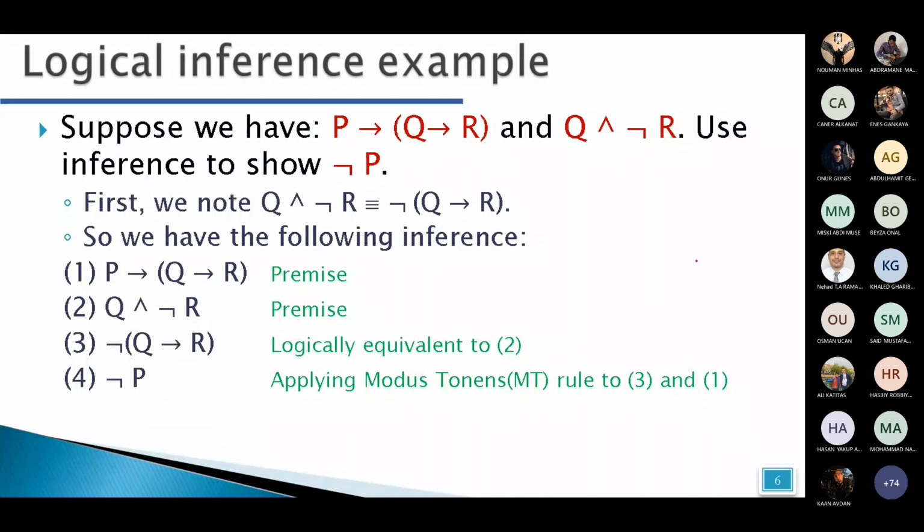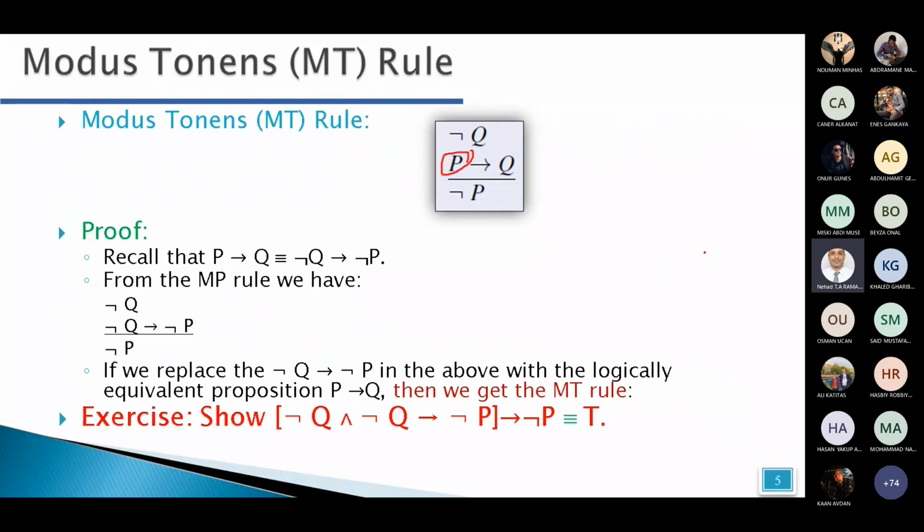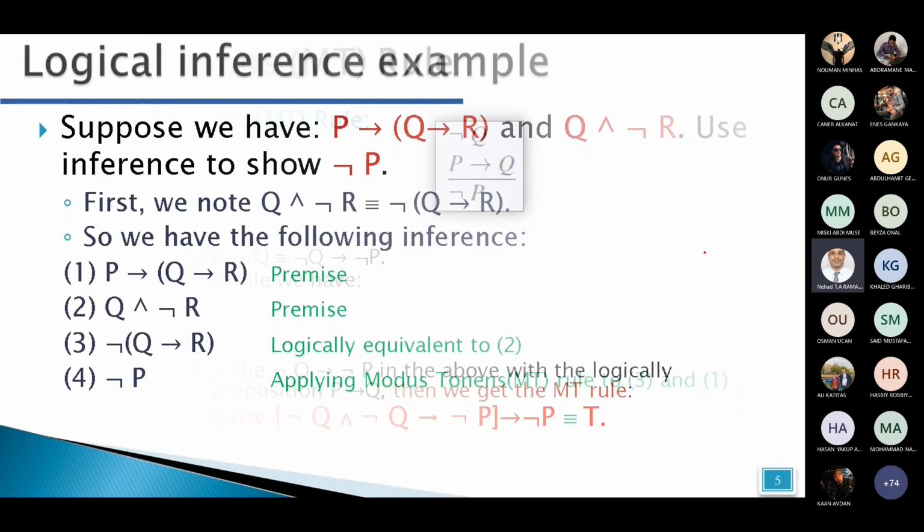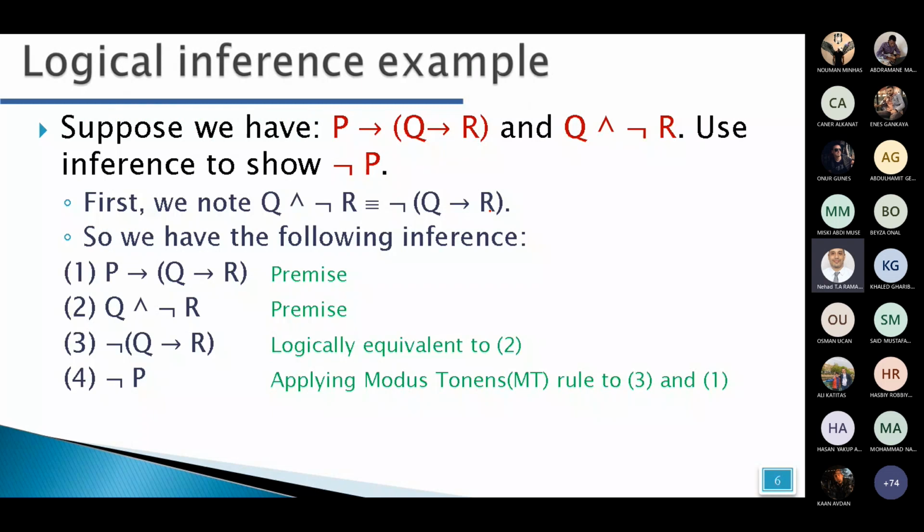Here, for example, for logical inference rule and how to use it. So suppose we have P implies Q implies R. This we called premises.